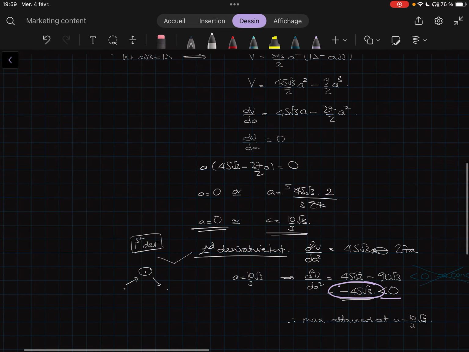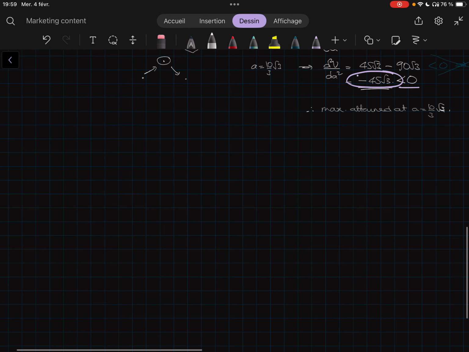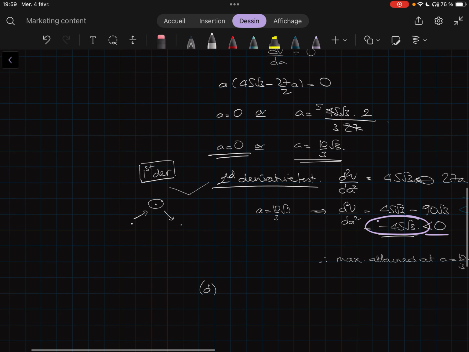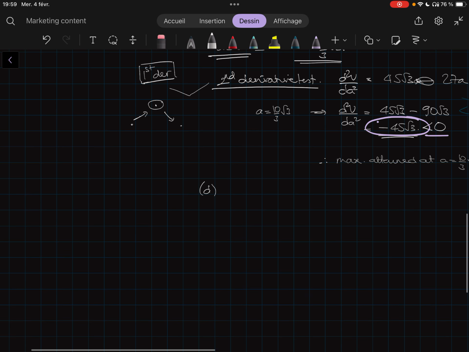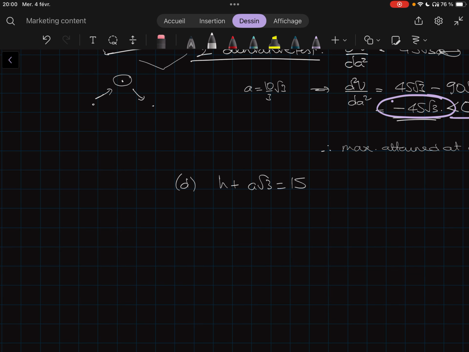Moving on to part D. Find the ratio of H to A that gives this maximum volume. Okay, so this is simple. We know that H plus A root 3 is equal to 15. We also found out that A is 10 by 3 root 3.